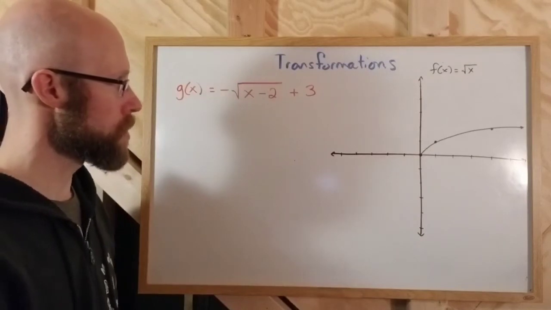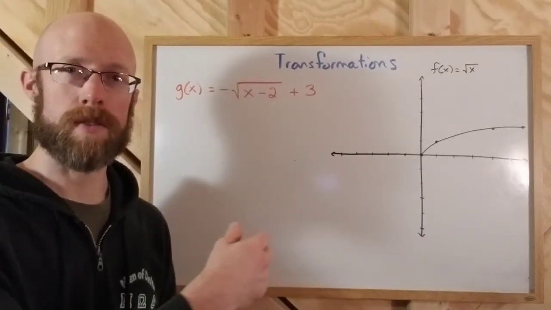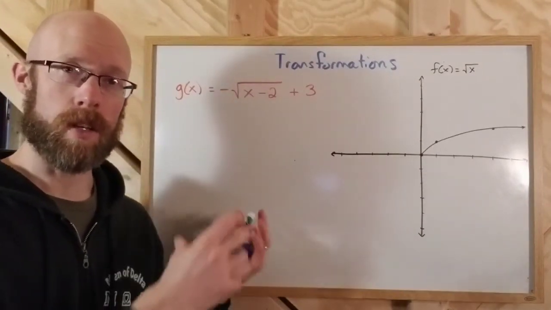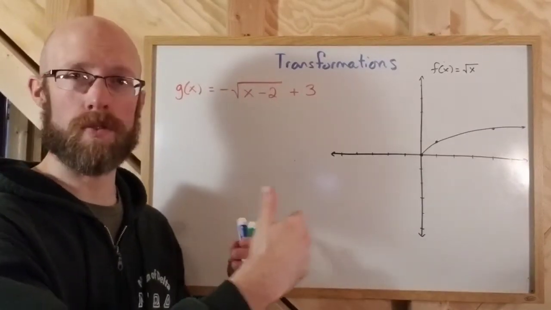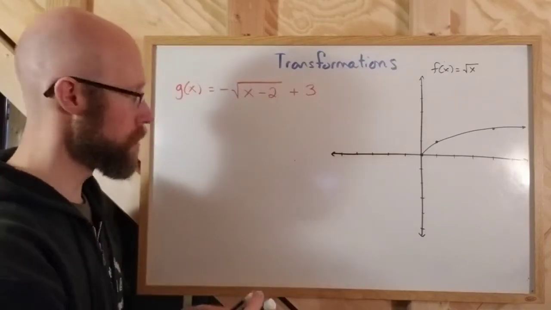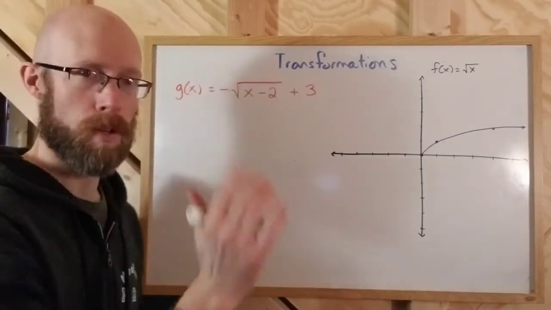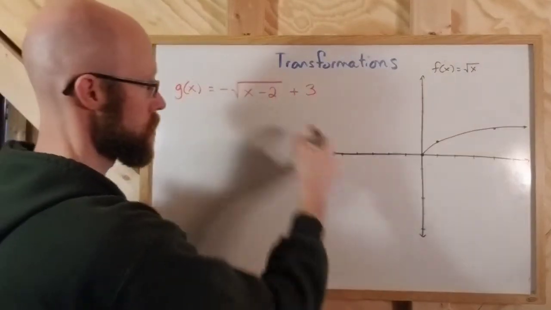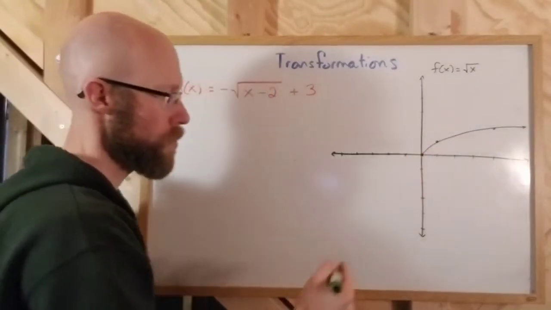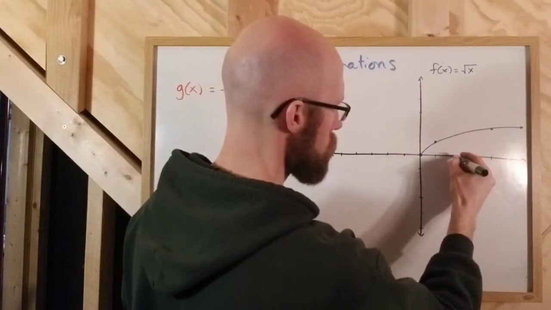Now I'm going to plot these graphs in succession so that you can kind of see how the different transformations build. So this first one with the -2 I'm going to put in green, and a -2 means a shift to the right 2, so each point shifts right 2 units.